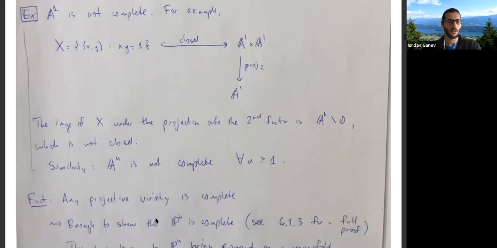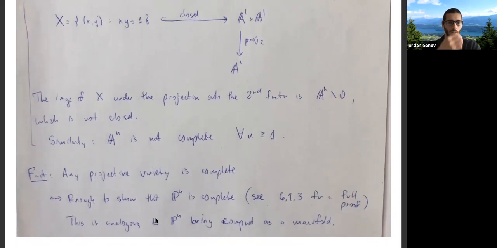So this is an example of a variety that's not complete. What about something that is complete? Well, any projective variety is complete. In fact, it's enough to show that Pn is complete. I won't go through the proof, but you can look at 6.1.3, they prove it there.